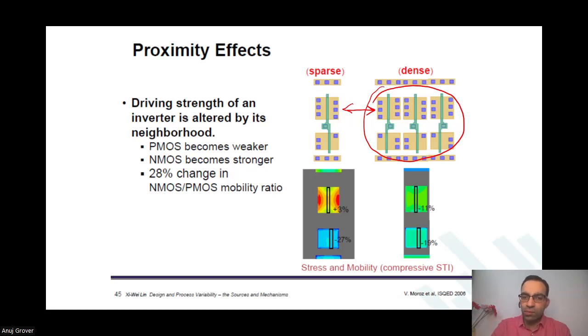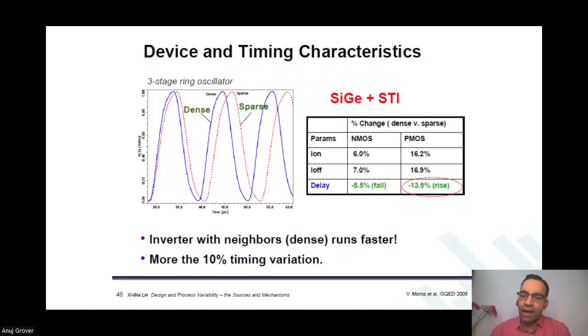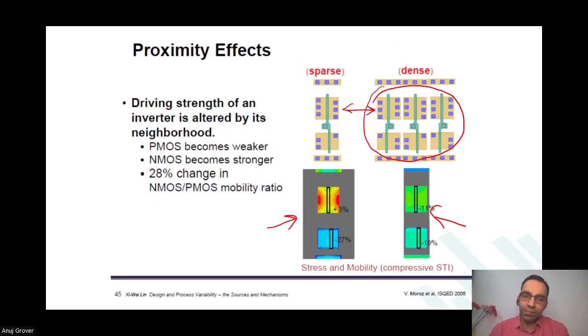Look at the contours in the bottom graphs. The stress changes, due to which the PMOSs and NMOSs start to behave differently. In fact, it was said that the P by N ratio changes by 28%. The mobility of the NMOS and the PMOS, the ratio changes by 28%. That huge an impact can happen.